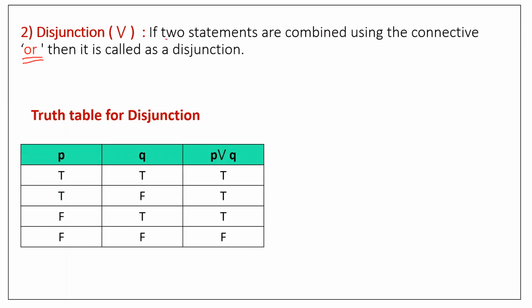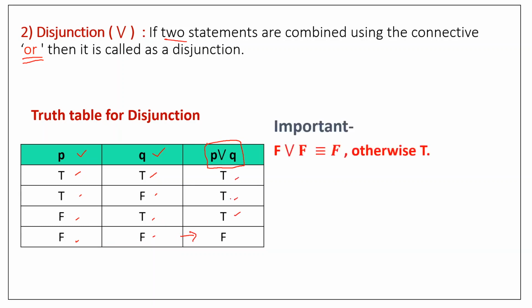As there are two statements, we take P as the first statement and Q as the second statement, and this is the disjunction of P and Q. Write P as T, T, F, F and Q as T, F, T, F. You have to always remember this. So what will be the disjunction? In disjunction, only F or F is F, otherwise it is true. It is easy to remember: F or F is F, otherwise T.